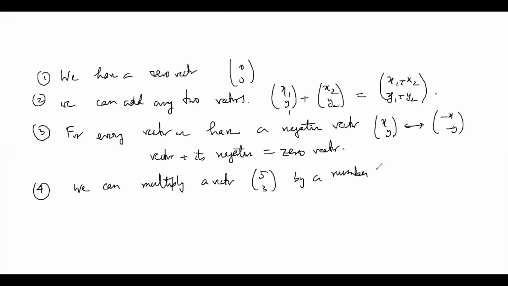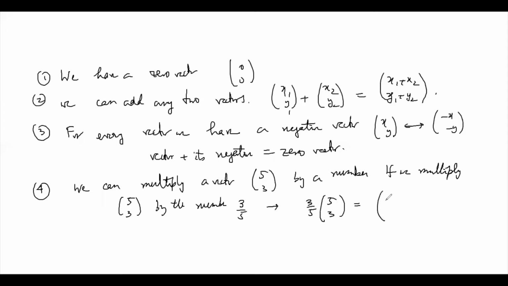So for example, if we multiply (5, 3) by the number 3/5, then we get a vector. You can write 3/5 times (5, 3). You just multiply all the components. So this is 3/5 times 5, 3/5 times 3. So you get whatever you get, 9/5.